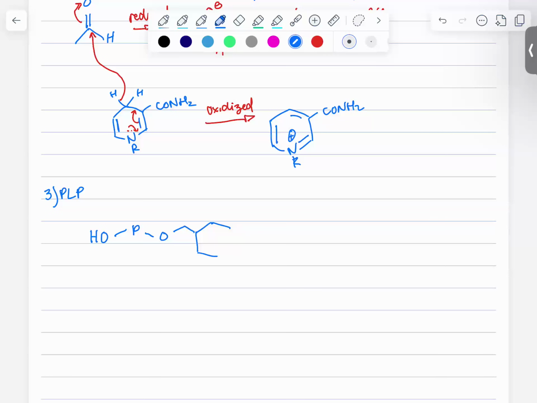It, like thiamine, has a big convoluted structure that we will pare down to just the parts that we need. So this is the entire structure of PLP. And PLP is most known for working with amino acids.